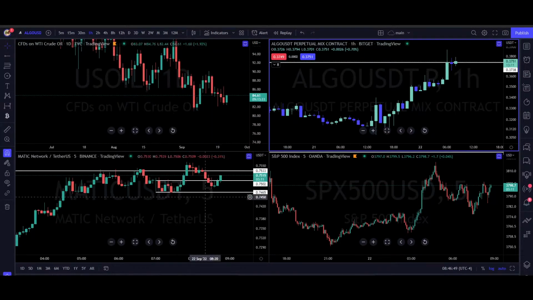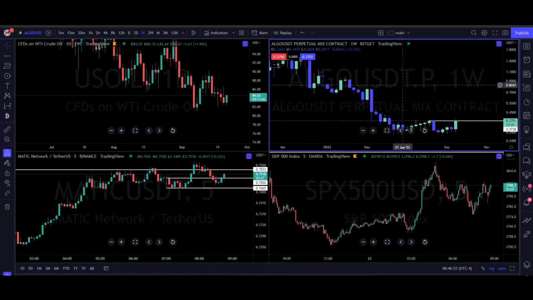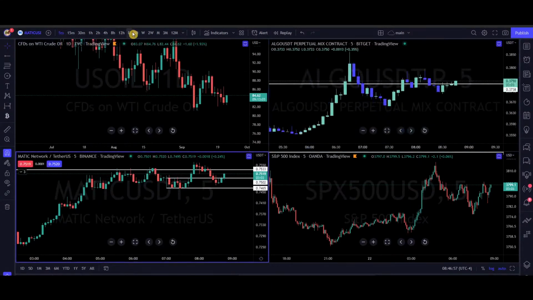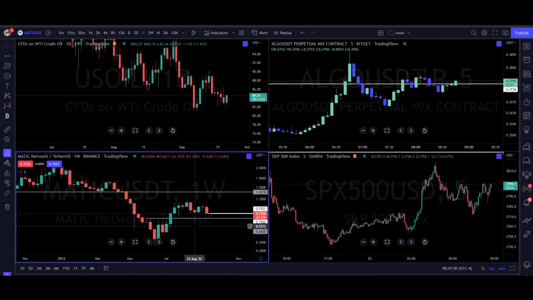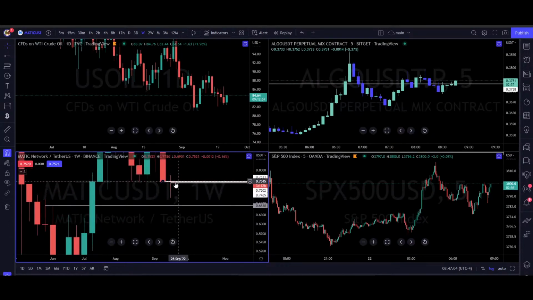And Matic pushing back up there to that weekly resistance. Well, it's not weekly resistance. It's last week's close and this week's open.